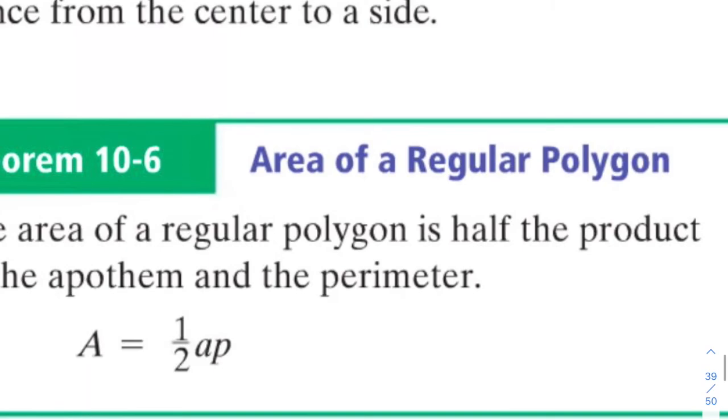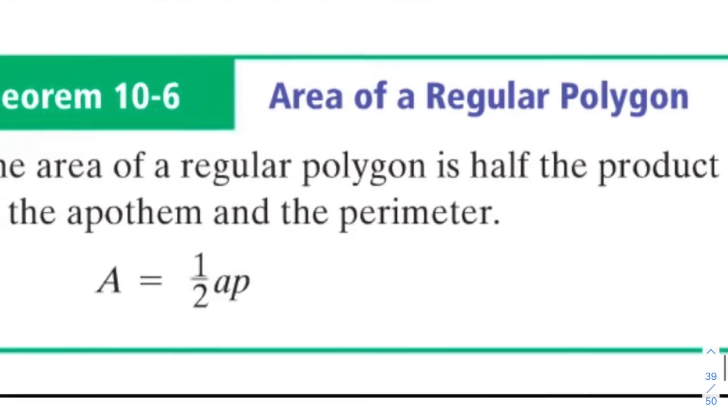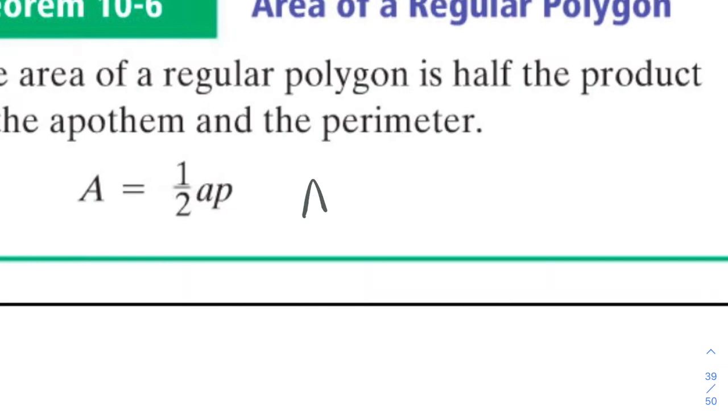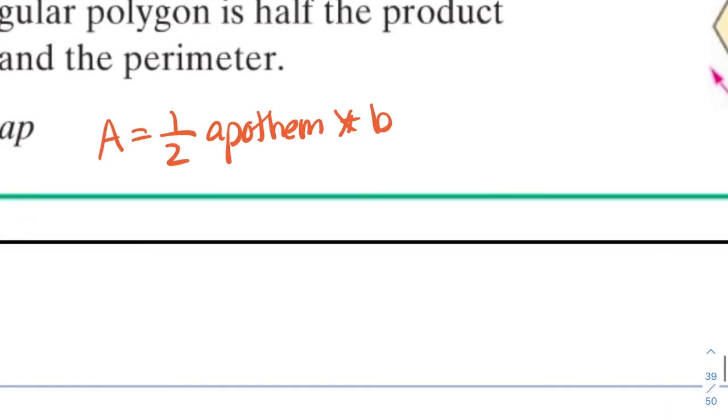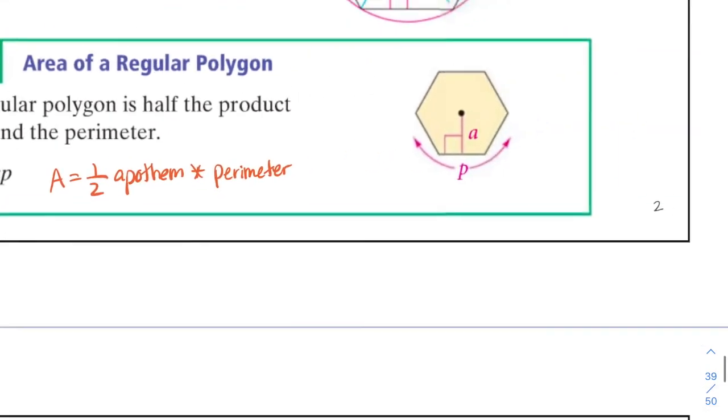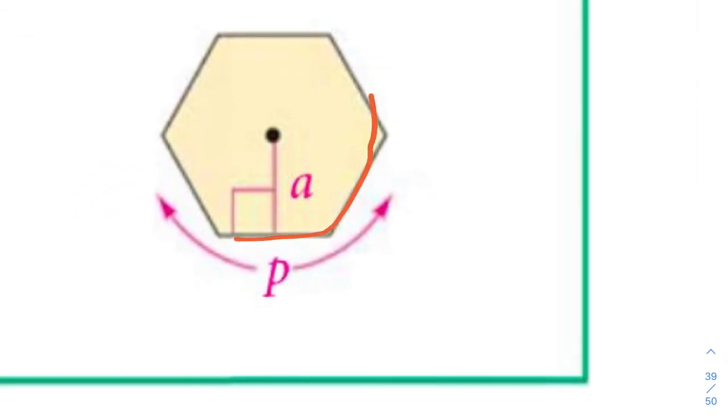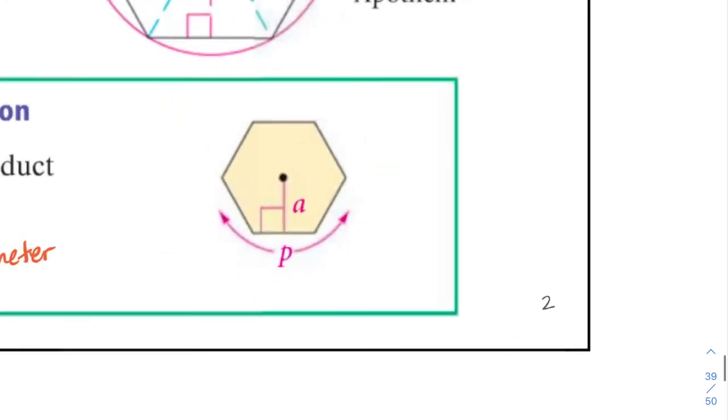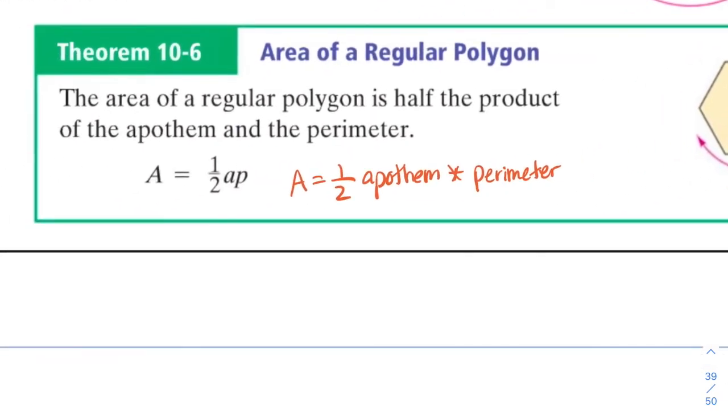So the area of a regular polygon is 1/2 apothem times perimeter. What you need to do is add everything together around the edge, multiply that by the apothem, and then find half of it. And that's it. That's how you find the area of a regular polygon.